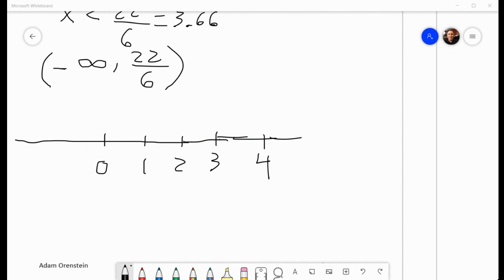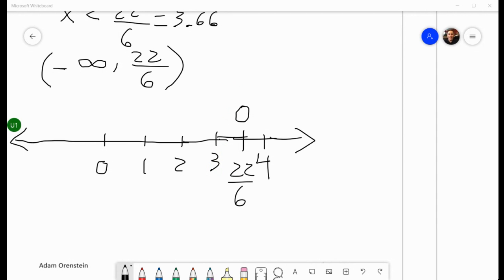And notice also, since we had strict inequality, what we're going to use is an open circle. So this is about 22 over 6. So we have an open circle.